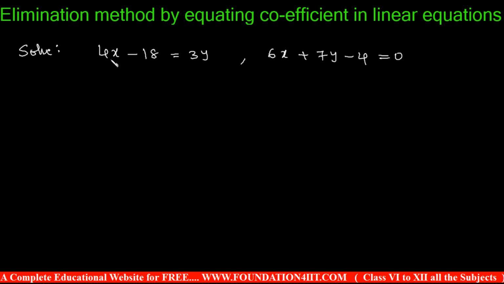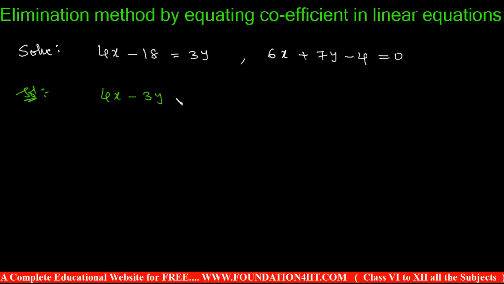Here the x coefficient is 4 and the x coefficient is 6. Here y is on the right side and the constant is on the left, the LHS side. So let us take it in order. We can arrange the given equations in order. That is 4x minus 18, take right, 3y is LHS.